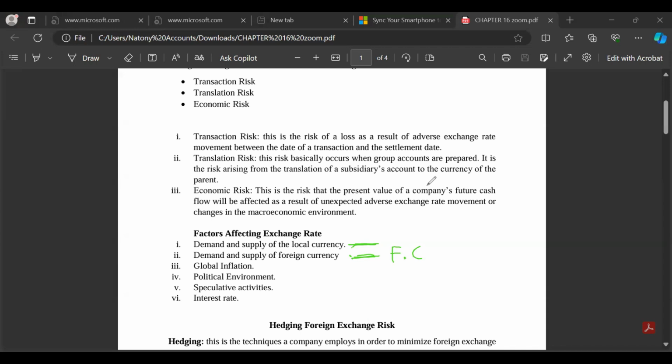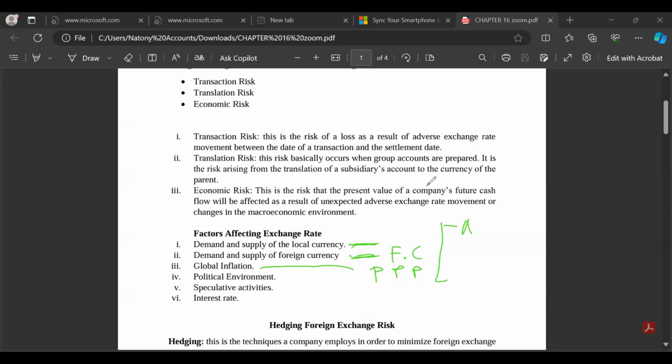The next is global inflation. Global inflation is basically the purchasing power parity. Purchasing power parity, simply put, says that the inflation in two countries can be used to determine forward rates.